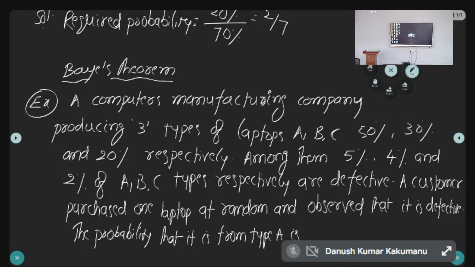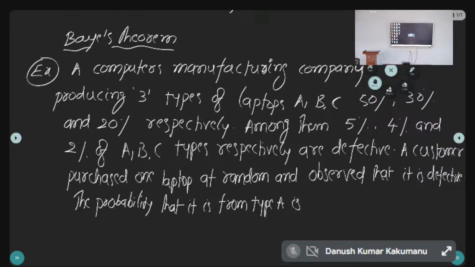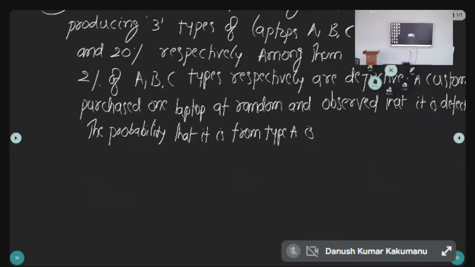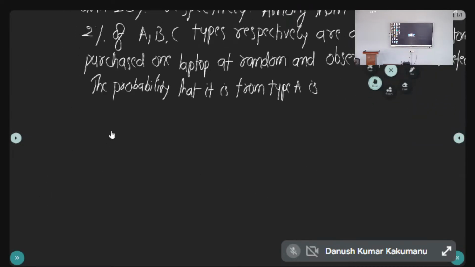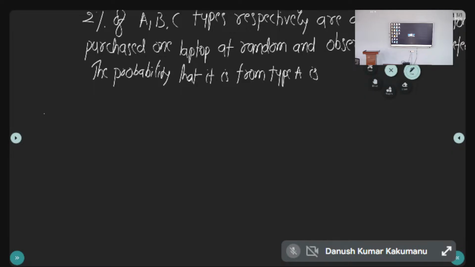Say this. Let capital D be defective. Solution. Let D equal defective laptop.